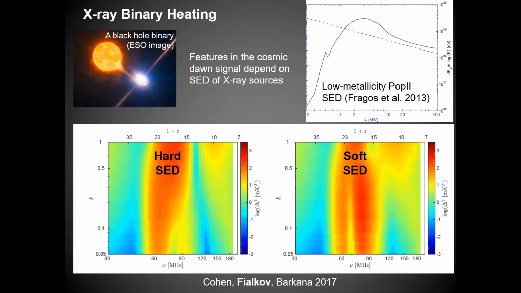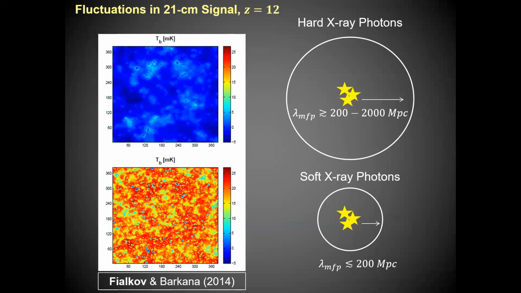This ability to distinguish these heating sources depends on the frequency of photons. If they're very energetic, they will travel far away from sources and inject their energy further away from a star forming region. While if they're very low energy, they will inject most of their energy right away, creating very strong small scale fluctuations in the 21 centimeter signal.